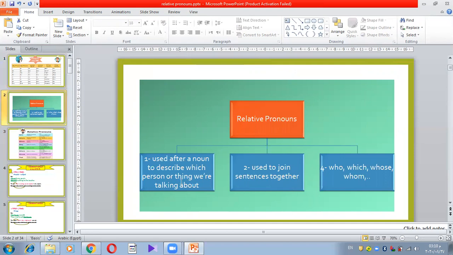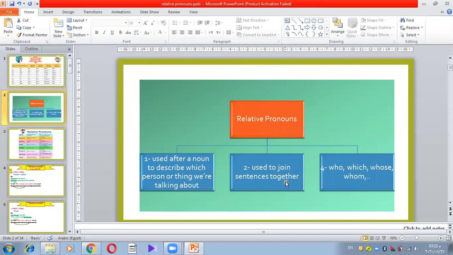Number 1, it's used to join sentences together. Instead of speaking or writing with short sentences, we can connect these sentences together.